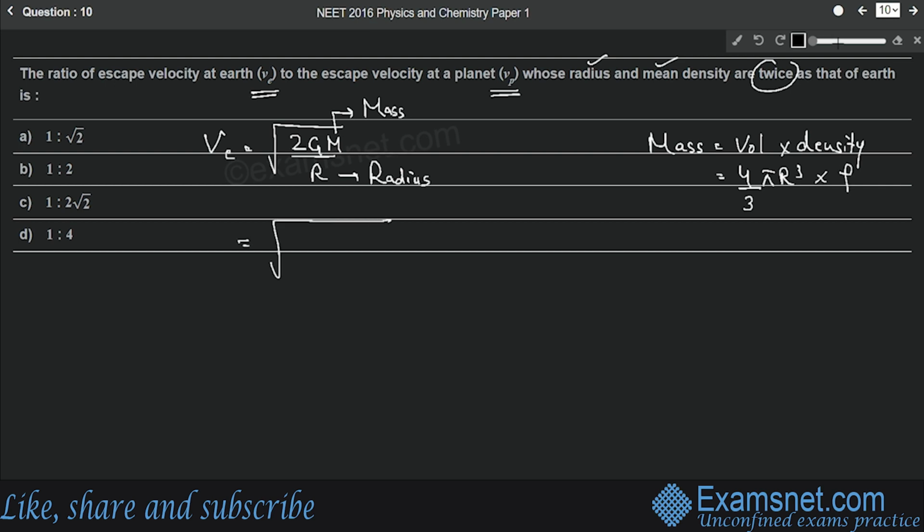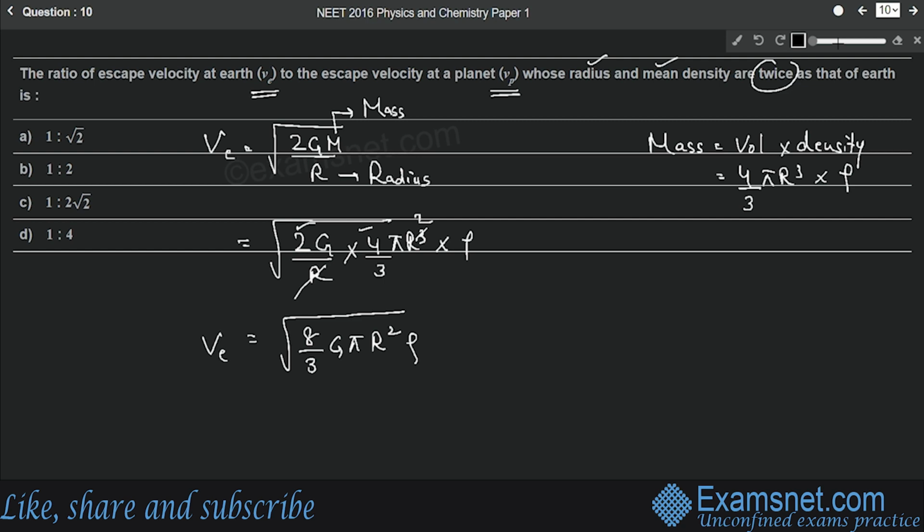We'll get under root 2G by R, and in place of M we write 4 by 3 pi R cube into rho. On solving this, we get 8 by 3 G pi R square rho, because this R will be cancelled and R square will be left, and rho.